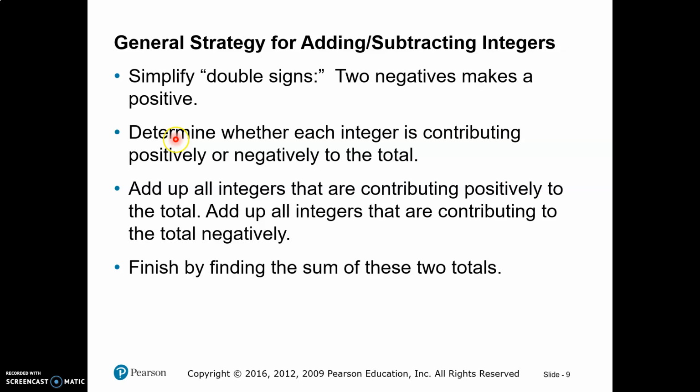Step 2, we look for integers that are negatives and those that are positives. Step 3, we add all the negatives together, we add all the positives together, and then we finish by adding those sums together.